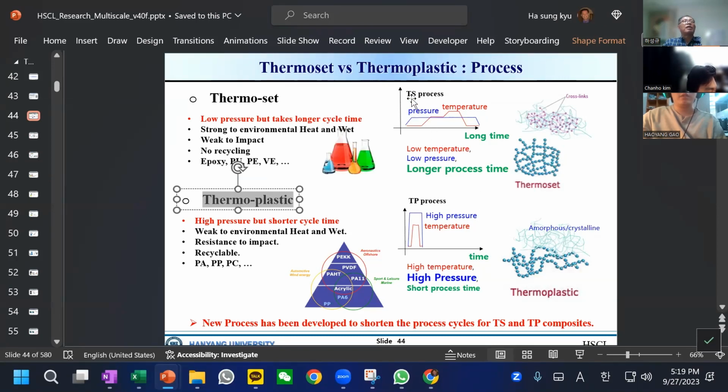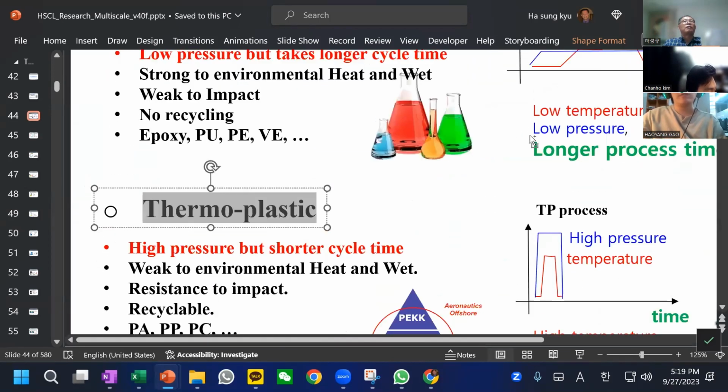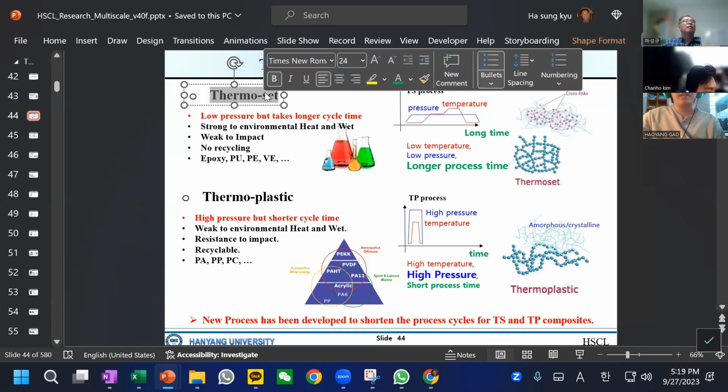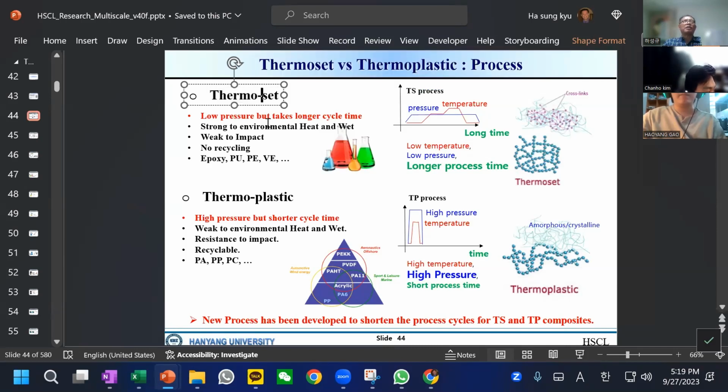With thermoset, a long time is needed. Why? Because thermoset relates to a chemical reaction, and a chemical reaction takes time. Epoxy, polyester, and vinyl ester are all thermoset.